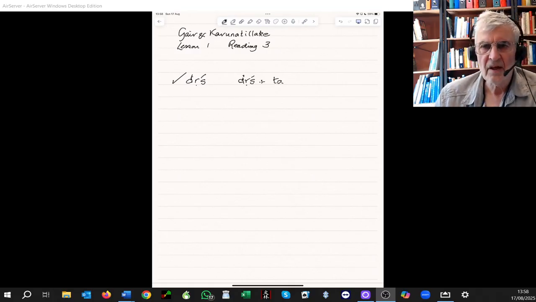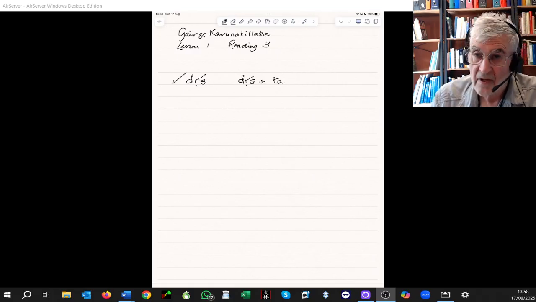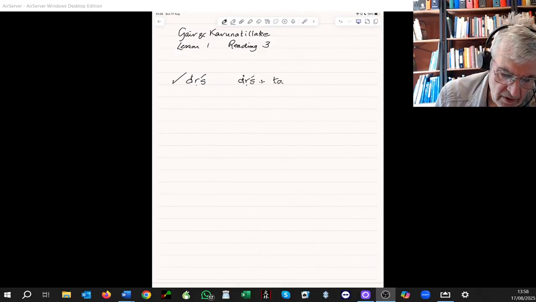By internal sandhi, that's by mutation of sounds when they come together, wherever you get a ś plus a following t in a Sanskrit word, it mutates to ṣṭa, both subdotted retroflex. That's where you get dṛśta becomes dṛṣṭa.